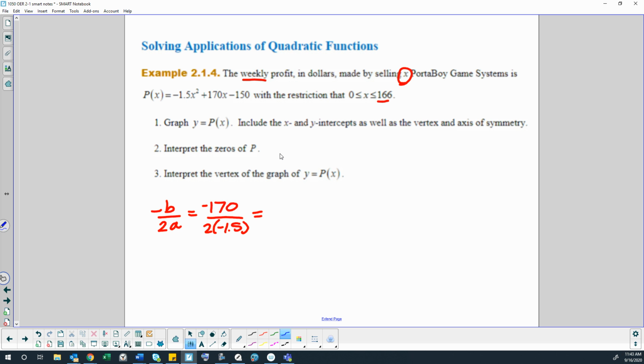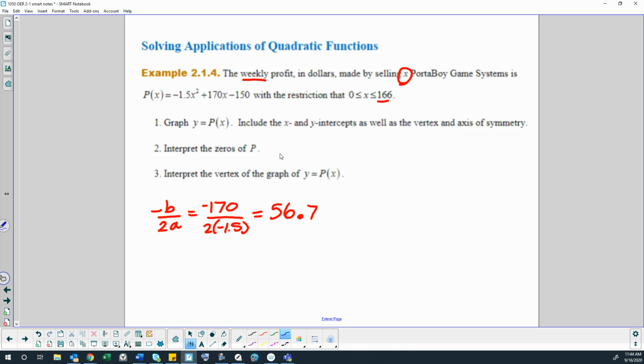I don't know why I erased all my work from last year, so I'm counting on you guys to help with calculations. About 56.6. Let's call it 56.7. Okay, so there's the x value of the vertex.